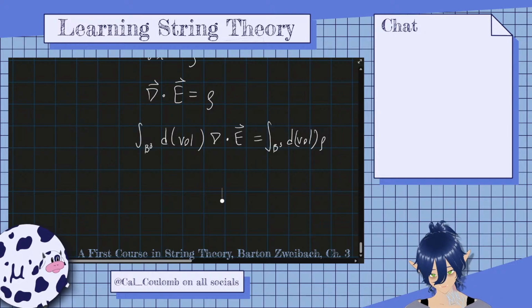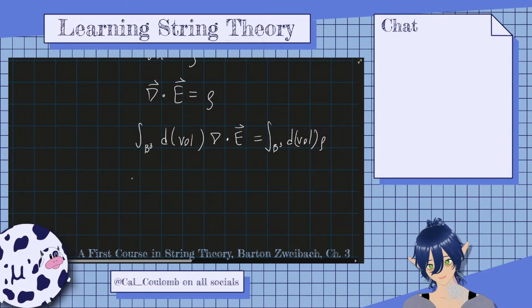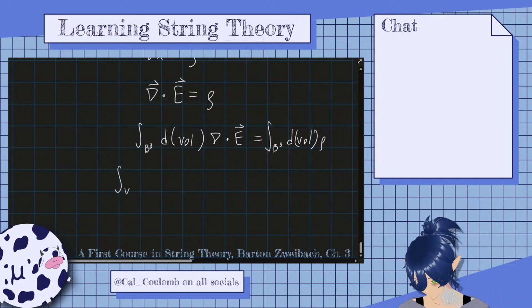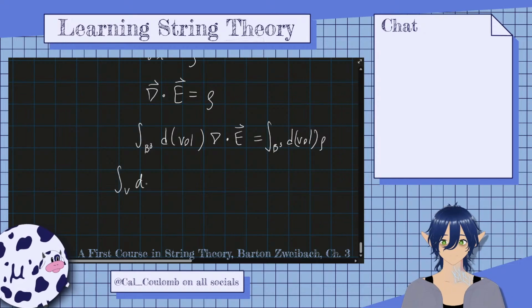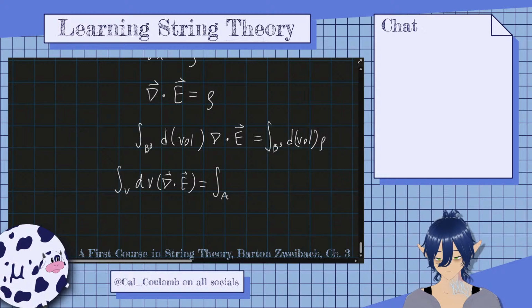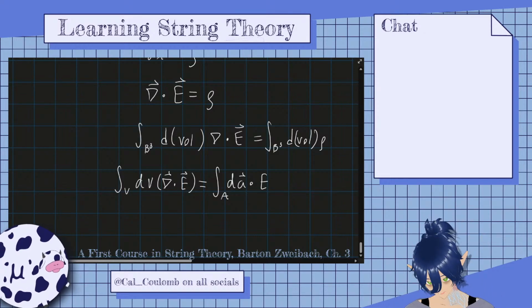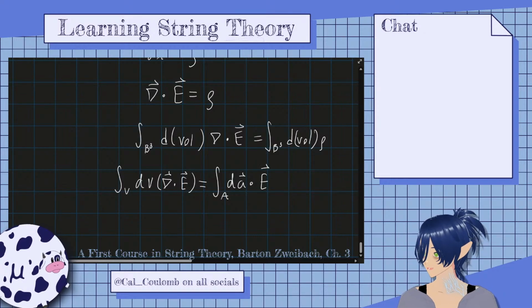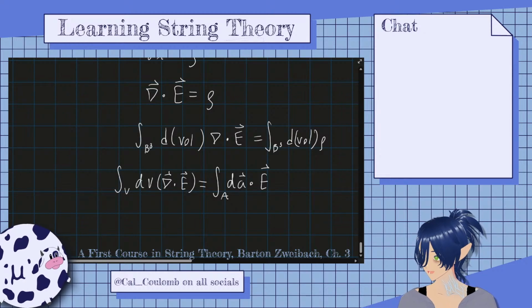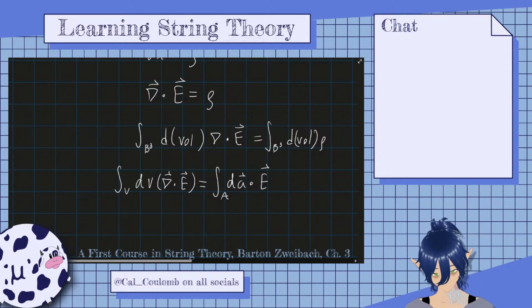So basically the divergence theorem says that the volume integral of the divergence of some vector field is just given by the surface area integral of that vector field dotted into your surface area element. In other words, the flux.